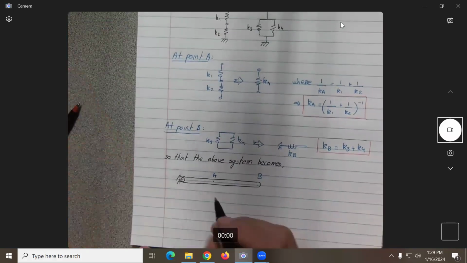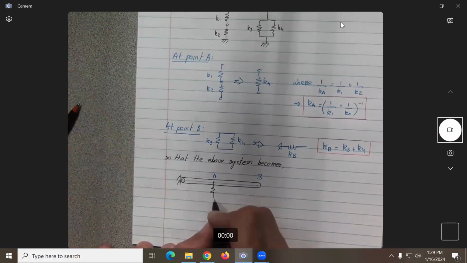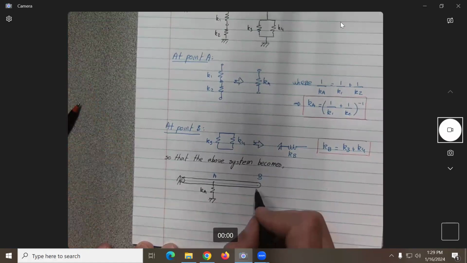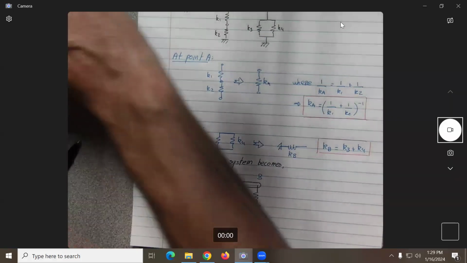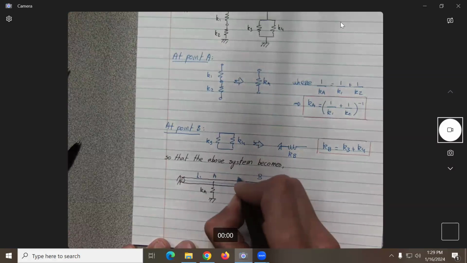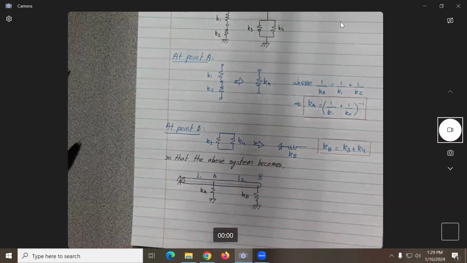This time we can replace this by what? Okay, K sub A. And this should be K sub B, no? And now basically we can do exactly the same thing that we did on the first one, those four steps. So let's say it would be L1, L2.